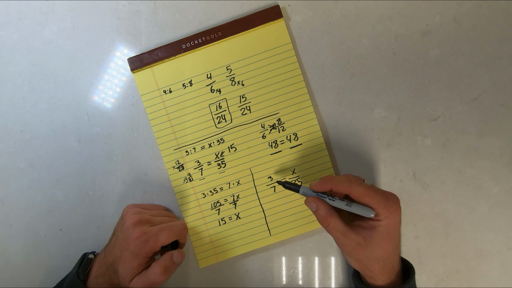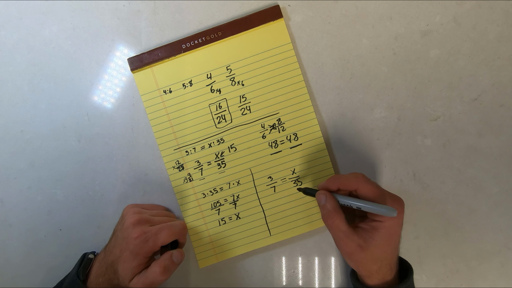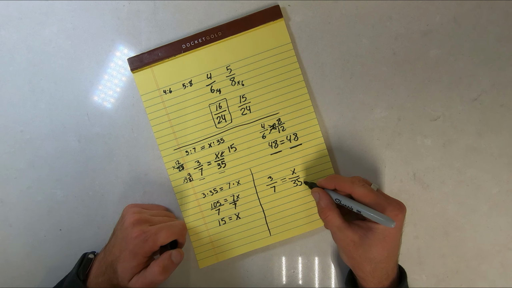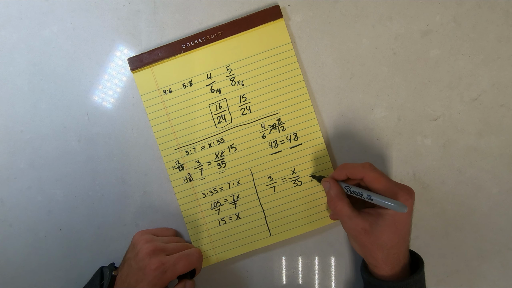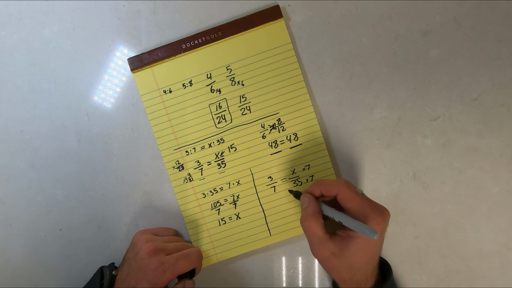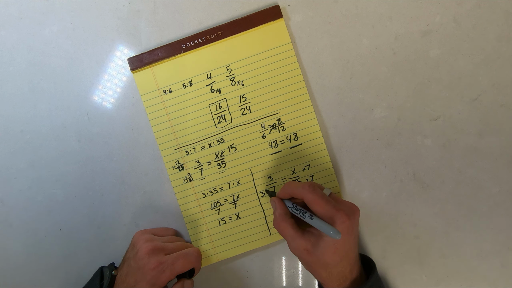Now for us to see what the numerator is equal to in this version of the ratio, we must make the denominators the same. And the way we make the denominators the same is that we multiply this ratio by 7, top and bottom, and we multiply this side of the ratio proportion by 35.